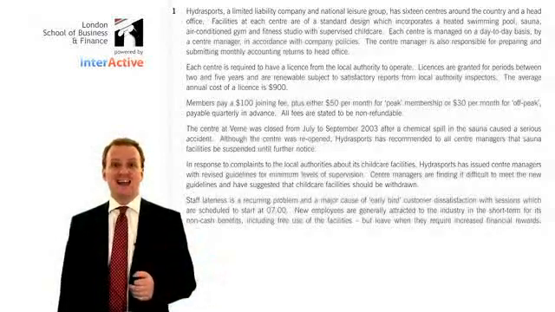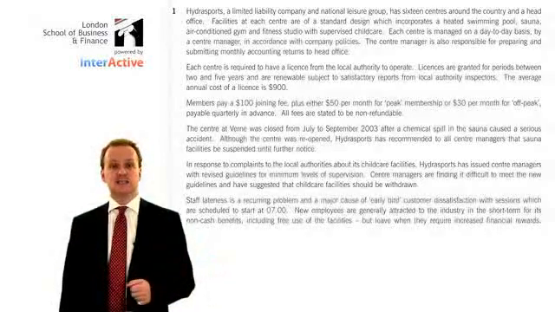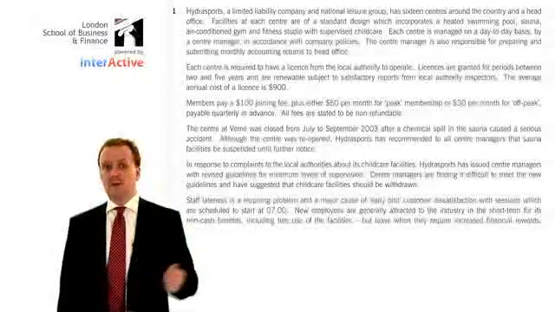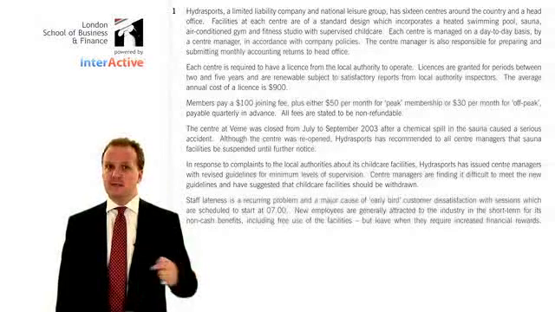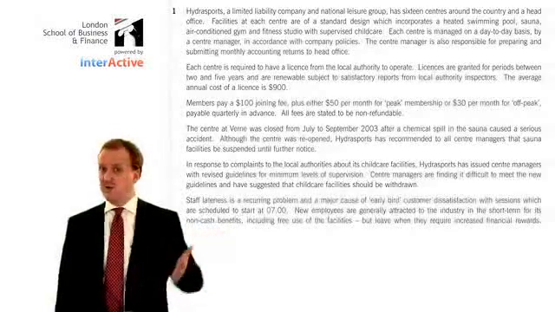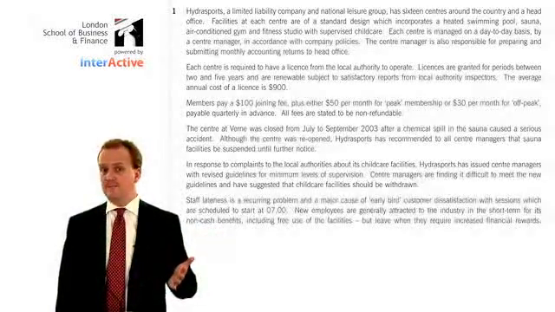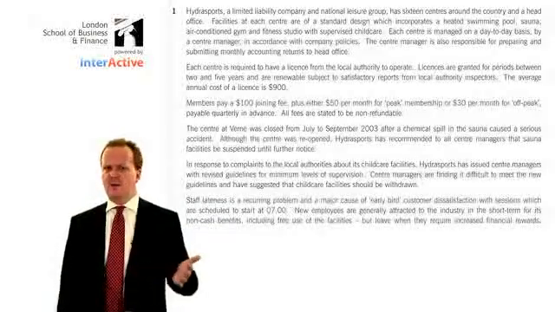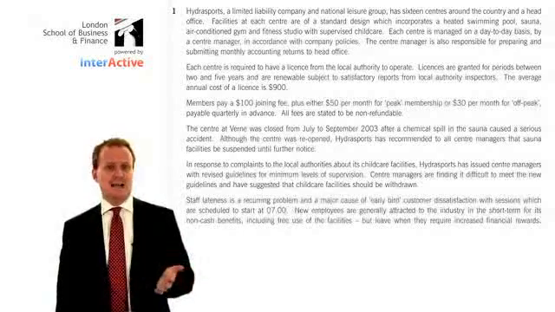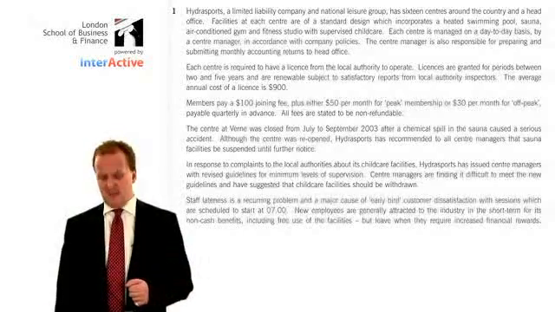When I think of air-conditioned gyms, I think of a lot of fit people. Of course, if anyone goes in there who's not fit enough, they might overexert themselves, and that could give rise to accidents as well. When I think of saunas, I think of very hot things, and very hot things can cause accidents as well.